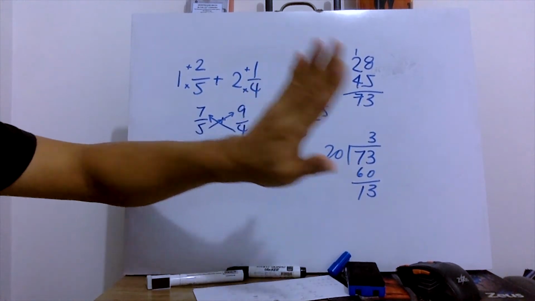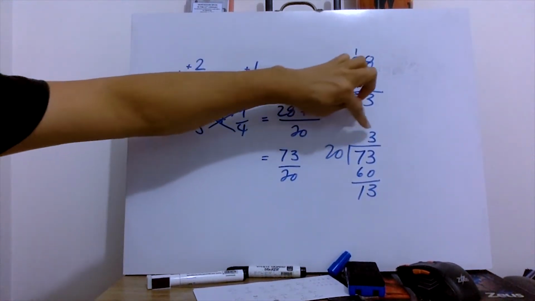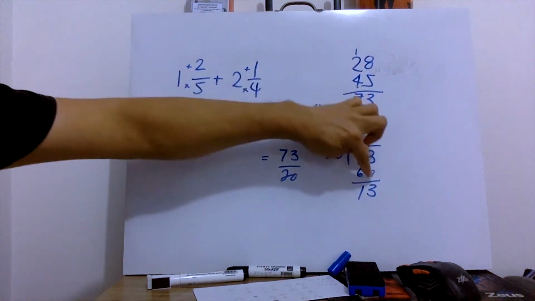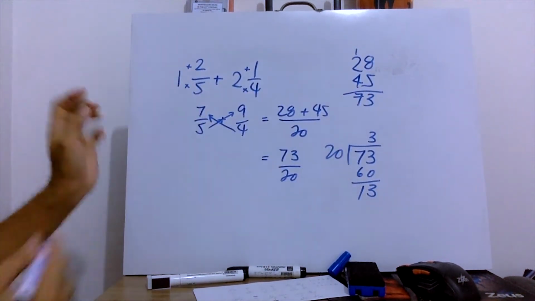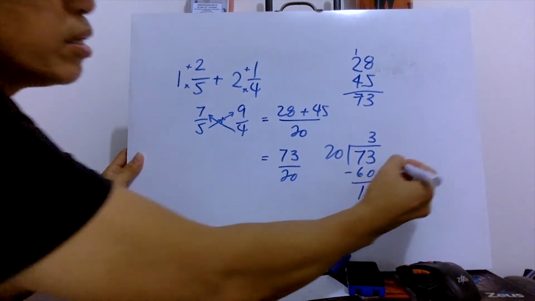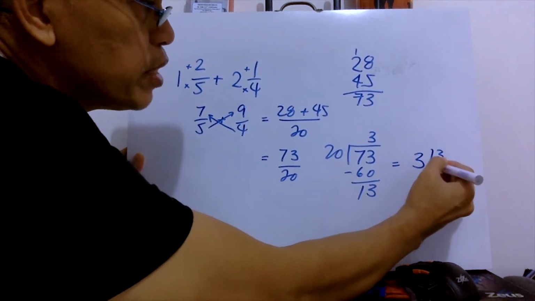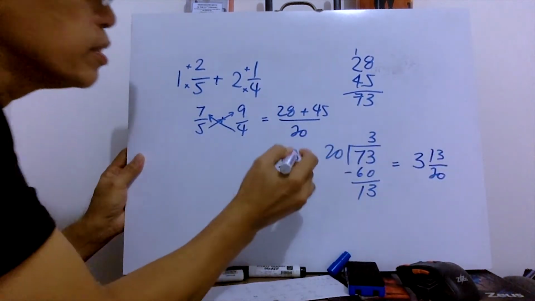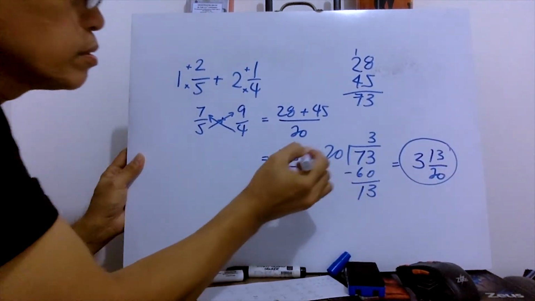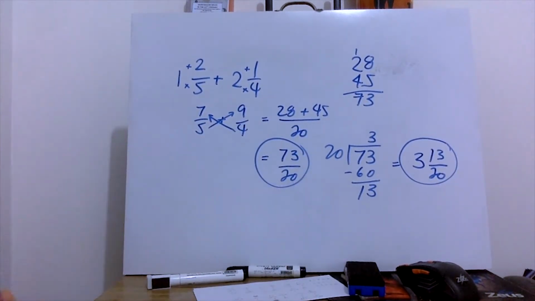It has to be equal or lesser than 73. So that's 3 times 0, 0. 3 times 2, 6. Then subtract. 3 minus 0 is 3. 7 minus 6 is 1. Therefore, our fraction there is 3 and 13 over 20. This one or this one, they're both correct.